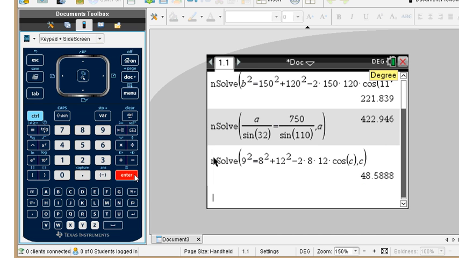We are. We get 48.589, and to the hundredth place would be 48.59.